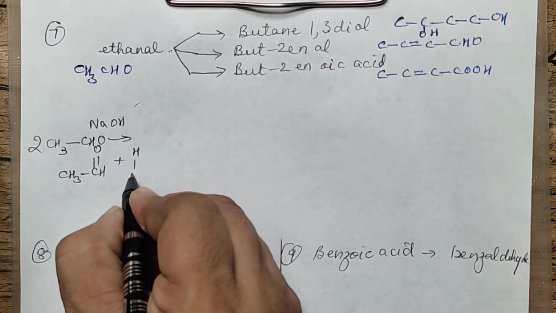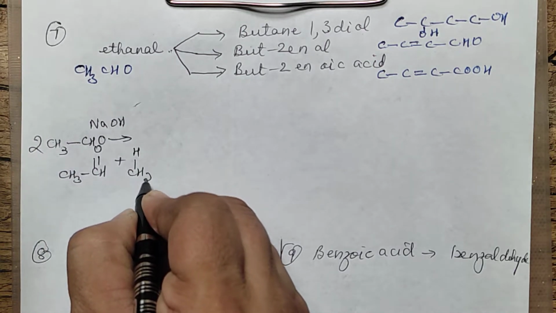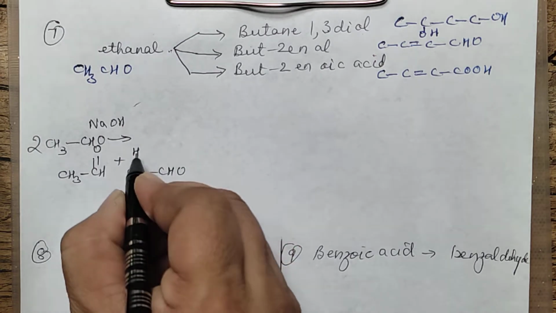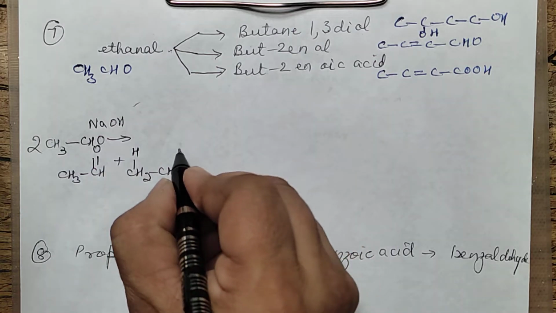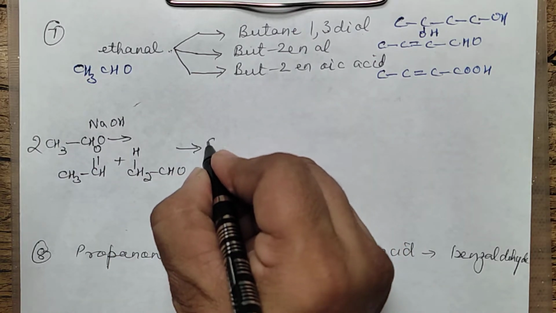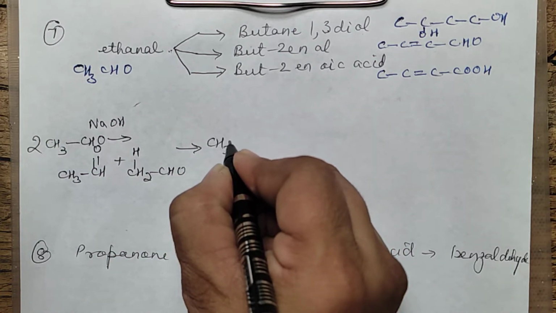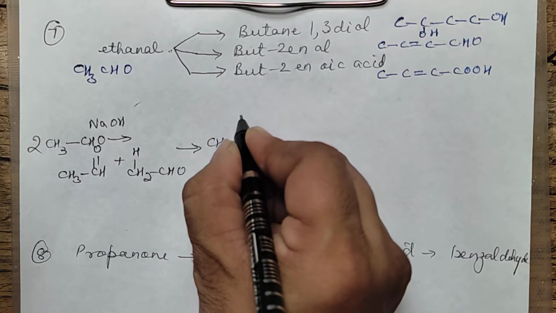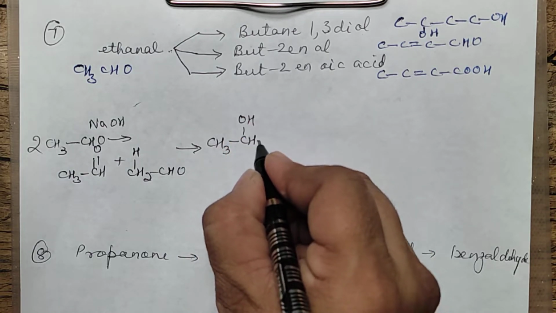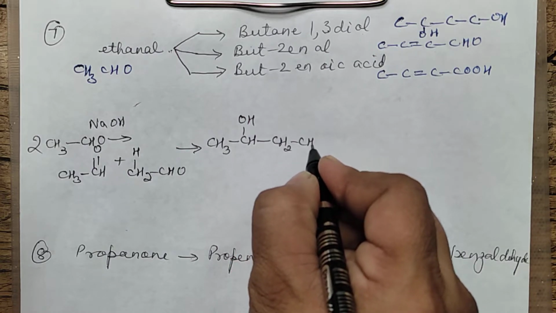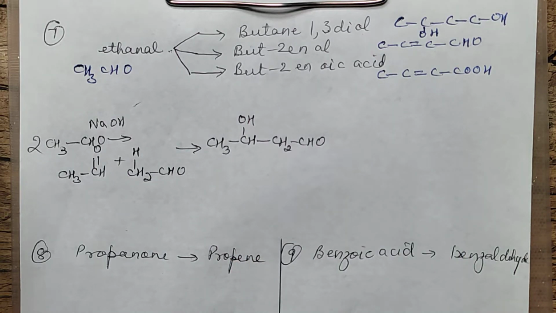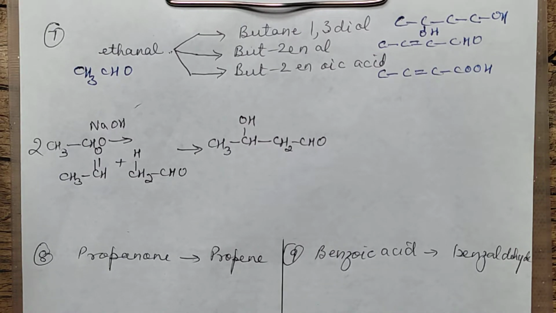Another molecule, you will open up that alpha H. Okay, so when you add on, this will go here. Okay, this will add on. And what will you get in the first step? You will get here CH3. You will have this as CH. You will have OH. This will be CH2 and CHO. This is the first step we got. Okay. So till here is common in all 3.